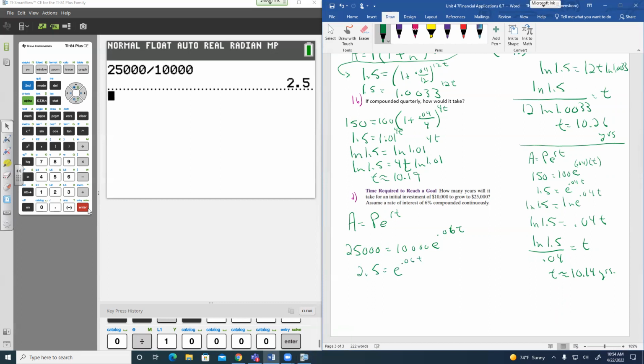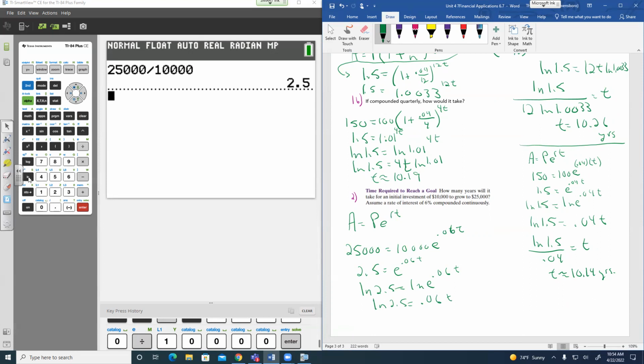Then if we take the natural log of each side, this allows us to get the exponent down where we can solve it using the properties of logarithms. So the natural log of 2.5 is equal to the natural log of e to the 0.06t. Notice that the natural log of e to the 0.06t is simply 0.06t. So then we can just divide each side by 0.06.